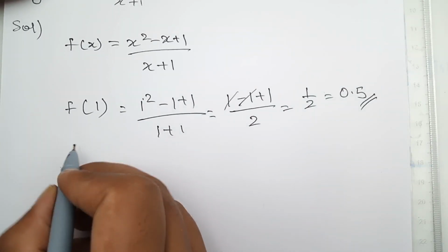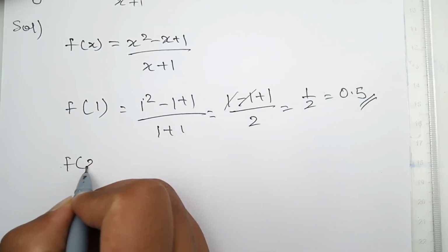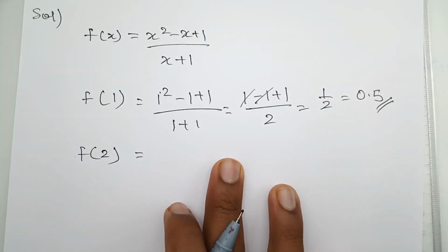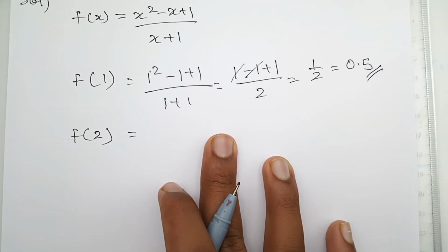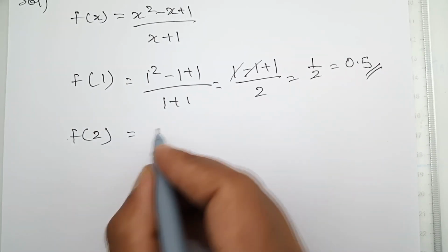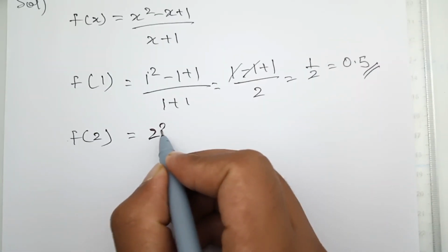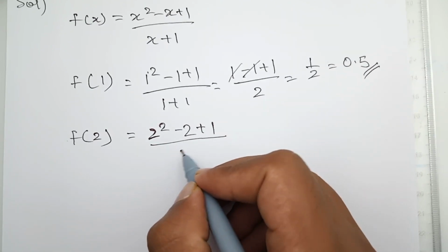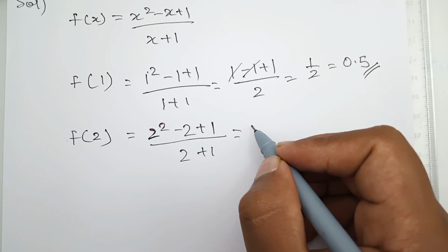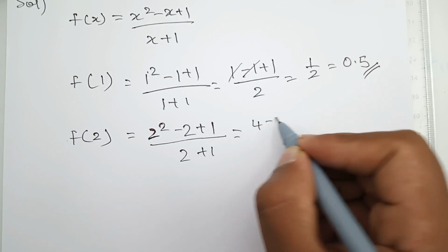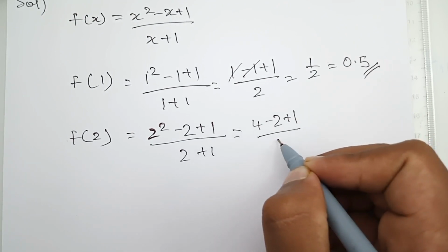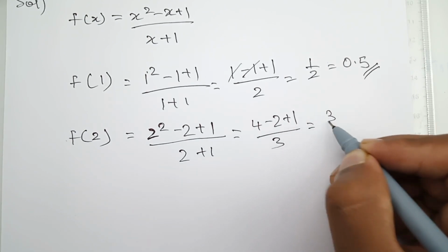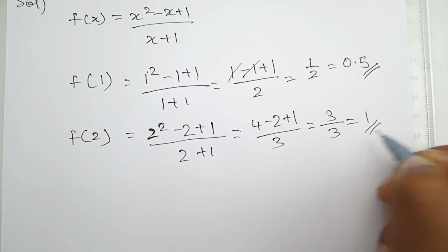Now f of 2, because in the set A there is 2, so we will take 2. 2 square minus 2 plus 1 by 2 plus 1 is equal to 2 square is 4, 4 minus 2 plus 1 by 3. 4 minus 2 is equal to 2, plus 1 is 3, 3 by 3, then it is 1.